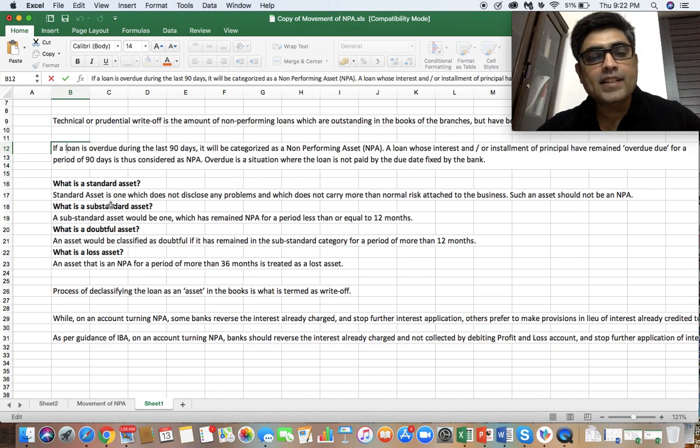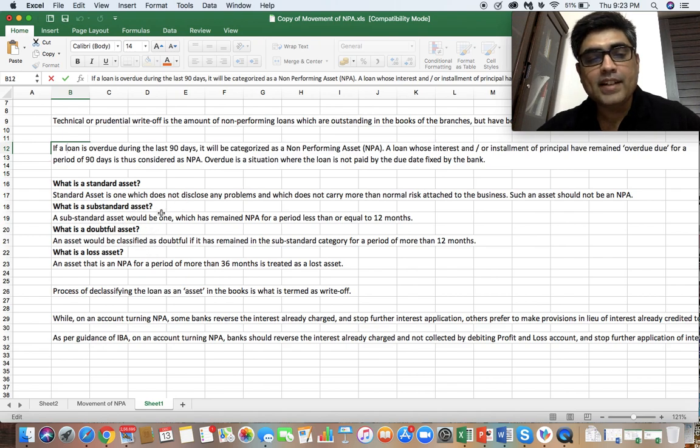So standard asset is one which does not disclose any problems and which does not carry more than normal risk attached to the business. Such an asset should not be an NPA. So this is not an NPA status classification. It is like everything has been good in that particular account, right? Everything is fine.